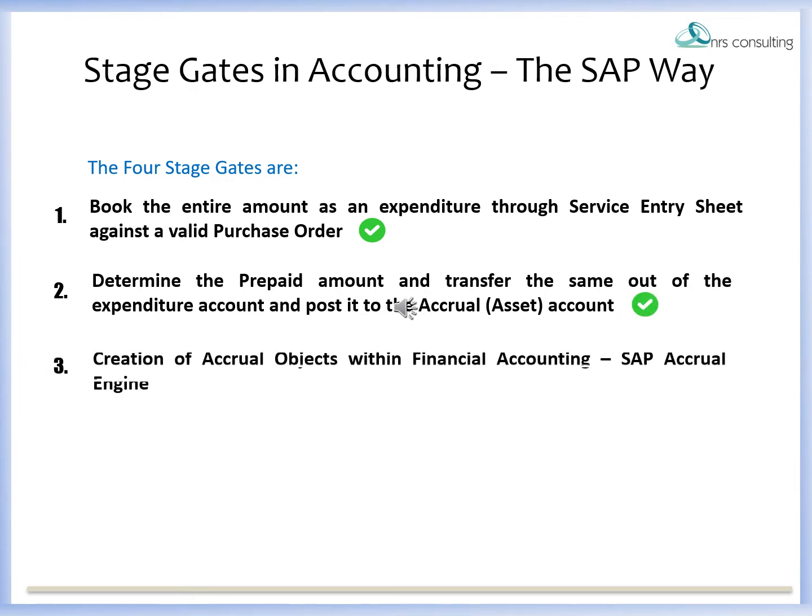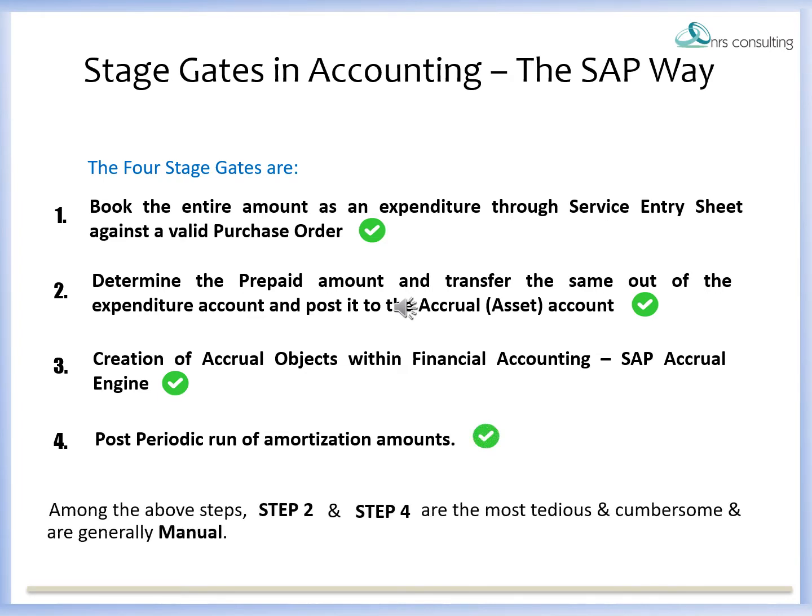Step 3. Creation of accrual objects within financial accounting using SAP's accrual engine functionality. Finally, step 4, post periodic run of the amortization amounts. Among the above steps, step 2 and step 4 are the most tedious and cumbersome and are generally manual in all enterprises.